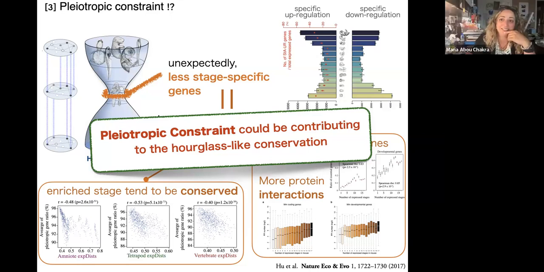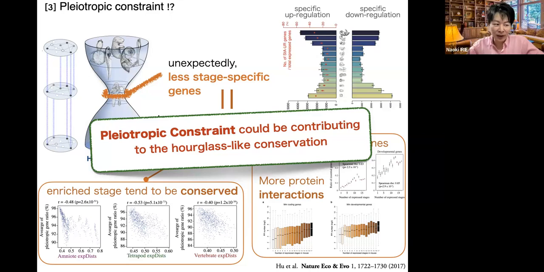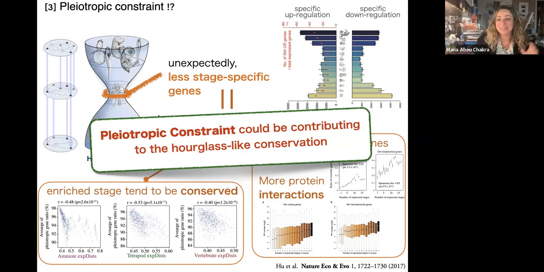Okay, interesting. But we still have to know why that has to cause evolutionary conservation. Actually, I have another question. I know you're saying that they're conserved. What if they were selected?